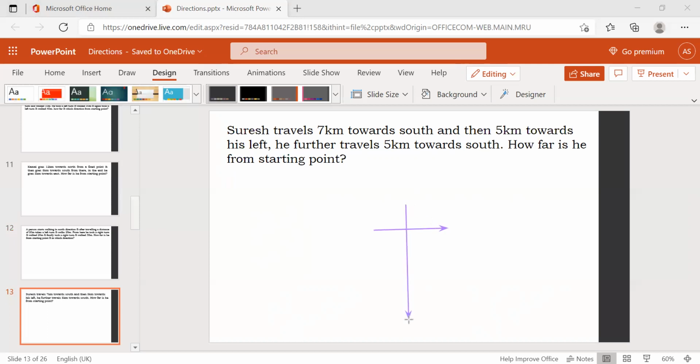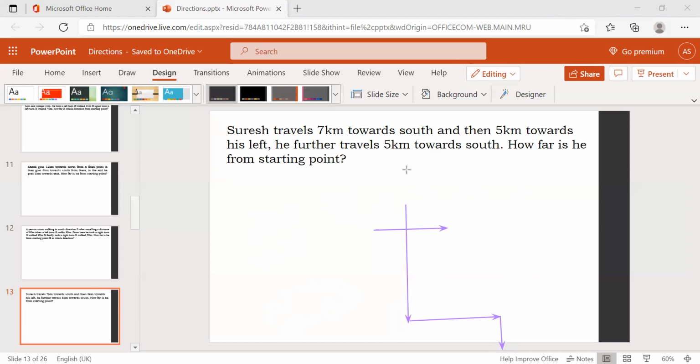This is south, right? This side 7 kilometers, and then 5 kilometers towards his left. His left means east, since south to left is east, 5 kilometers. And he further travels 5 kilometers towards south, again south.